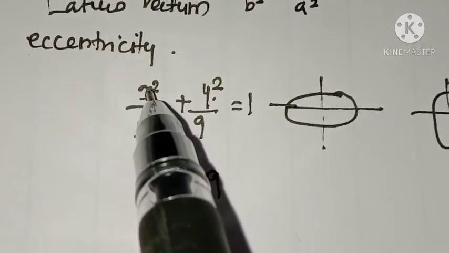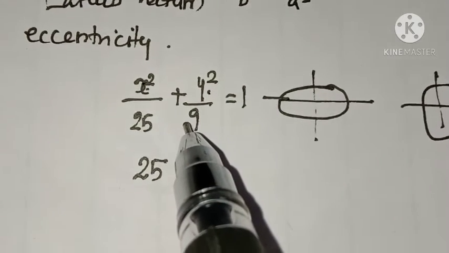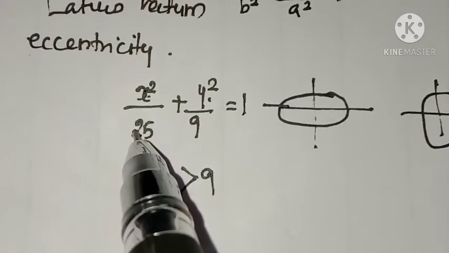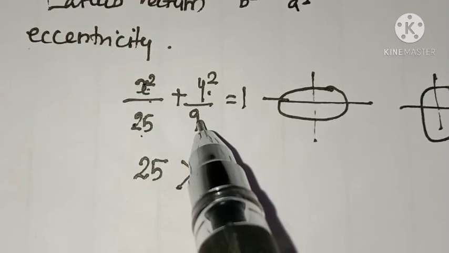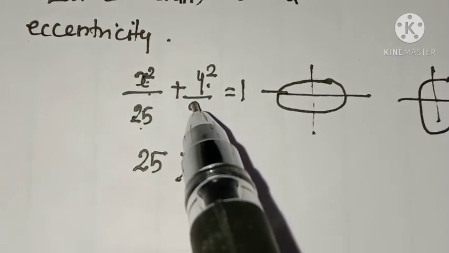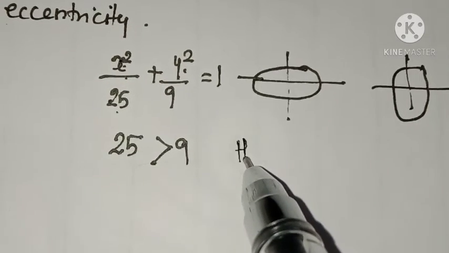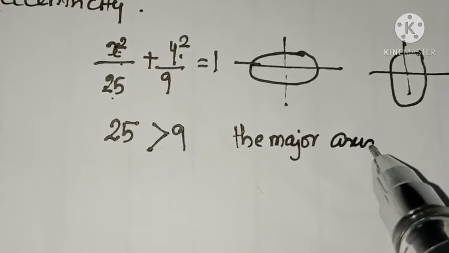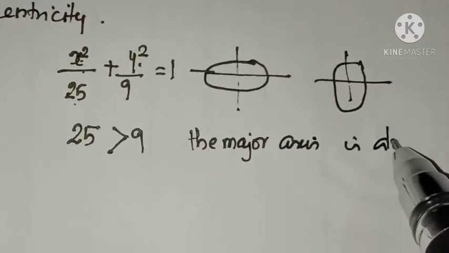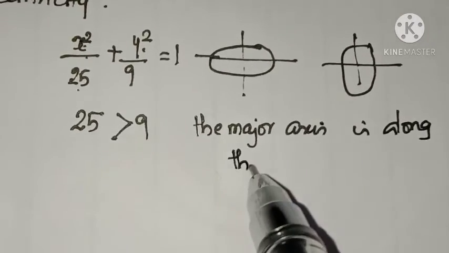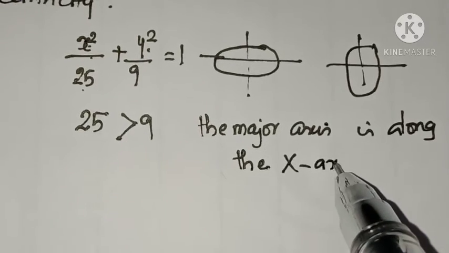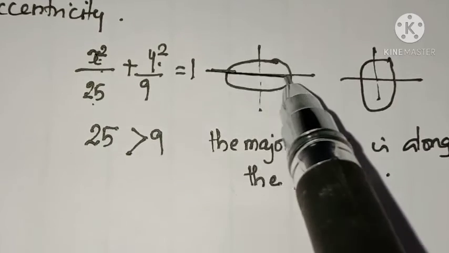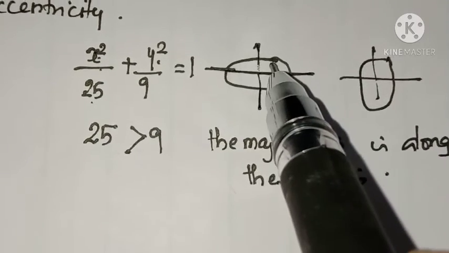So, if the denominator of x square is greater than the denominator of y square, then we can say, listen, this is very important, the major axis is along the x-axis. Major axis along the x-axis means it is a horizontal ellipse.